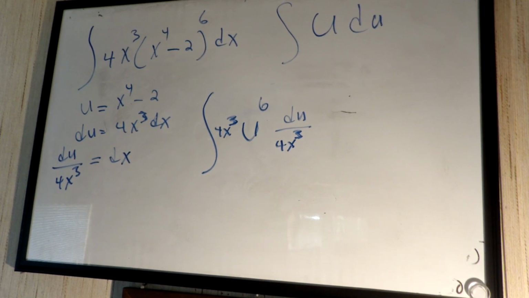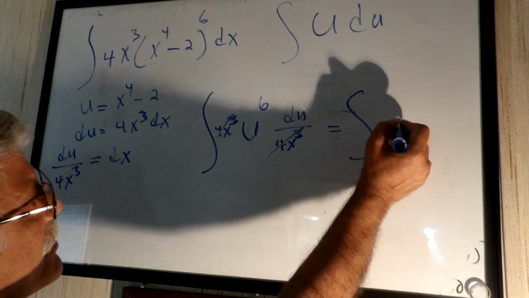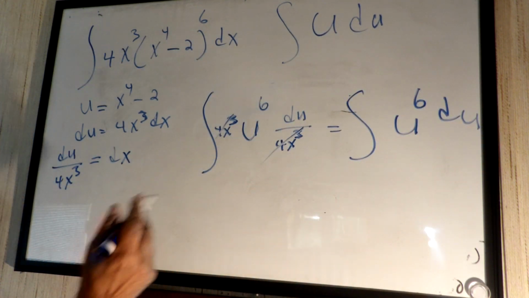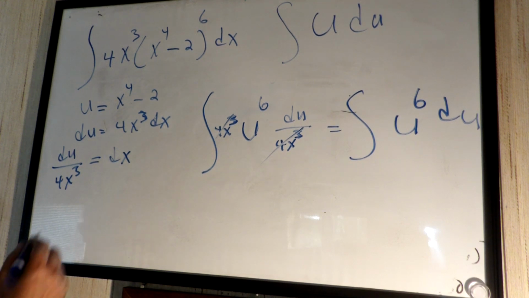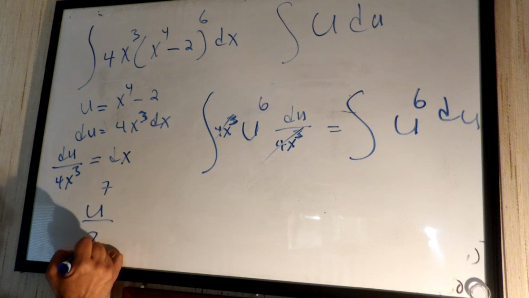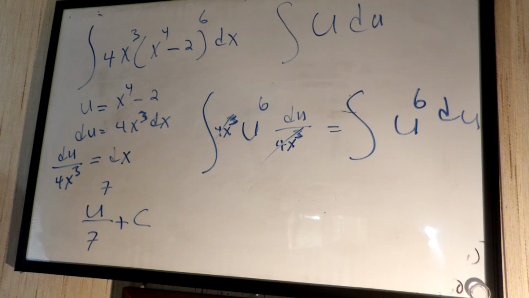And so 4x^3 is going to go, and we have u to the power of 6 du. Now by the power rule, what's going to be? u^7 over 7 plus c.